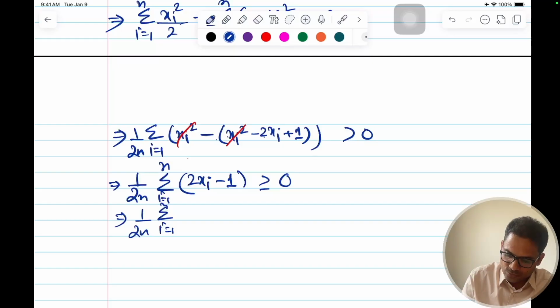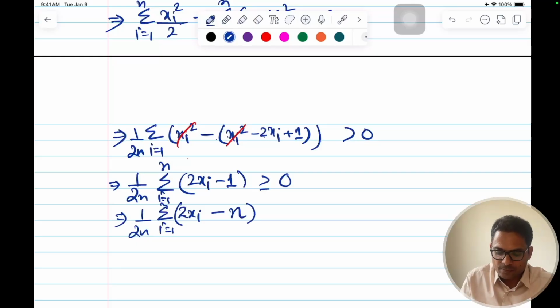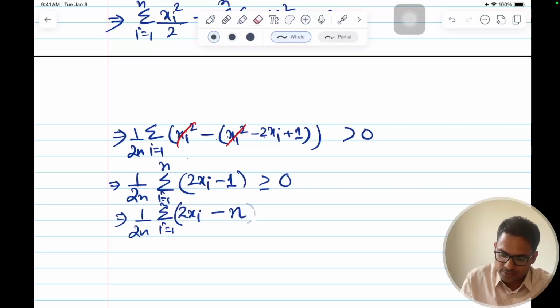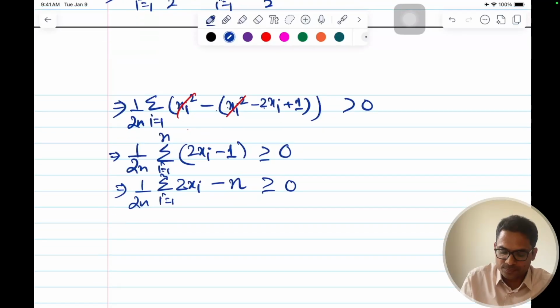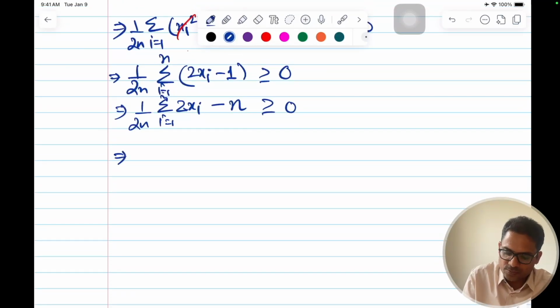So let's do it separately: sigma 2xi minus sigma i equal to 1 to n, this will become minus n. I have done this summation, so the sigma remains here with the 2xi, and this will be greater than or equal to 0.